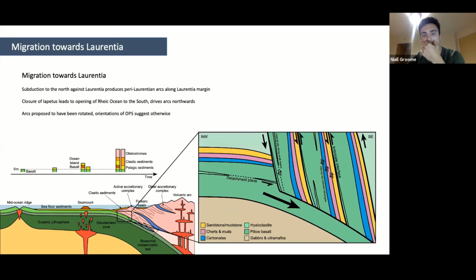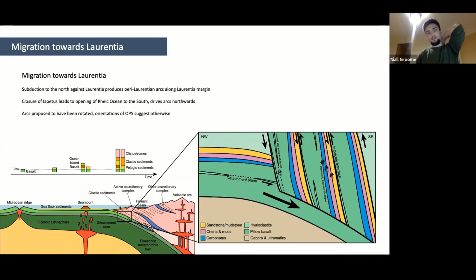So on Anglesey, in those sequences that I showed you before, we have our sequence of the Iapetus Ocean as it has been preserved. So we start with our basalts, and then our sediments are laid down on top. And it's a pretty good way up indicator.